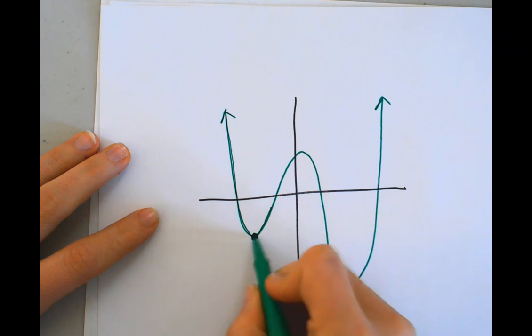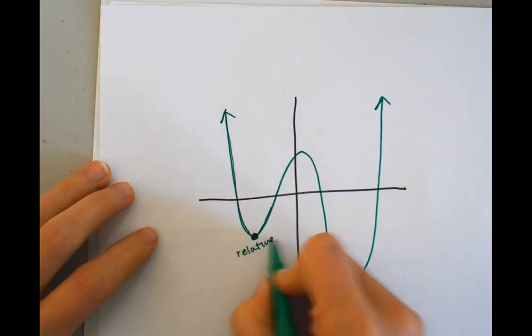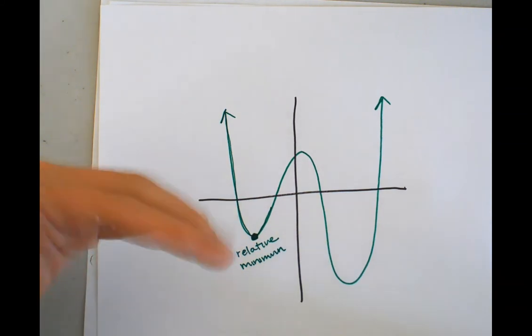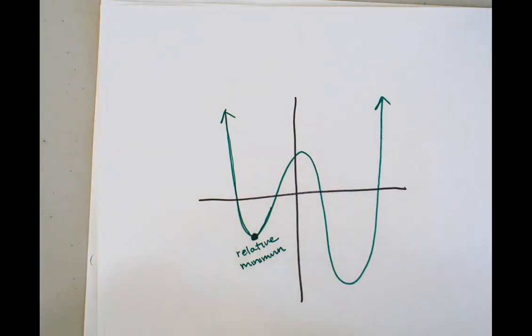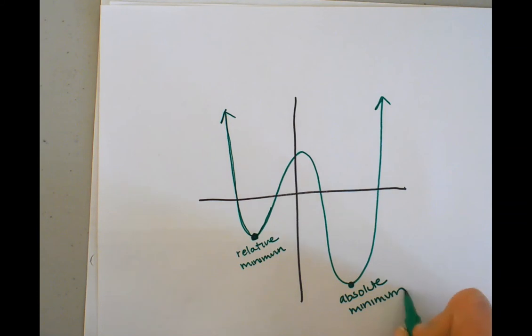So this is like a point where it changes direction. So we would call this a relative minimum. It is not an absolute minimum though, because it is not the absolute lowest point on this graph. So this point down here would be our absolute minimum because it is the absolute lowest point on our graph, right? There is no point lower.